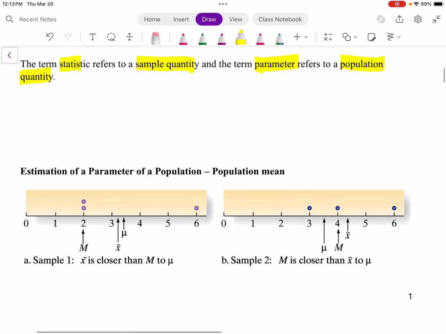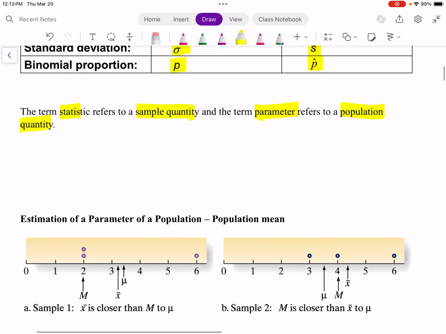Okay, now, from the very beginning, the two major goals of this statistics class, do you recall what they are? What are we trying to learn here? What are the two different types of statistics we have?